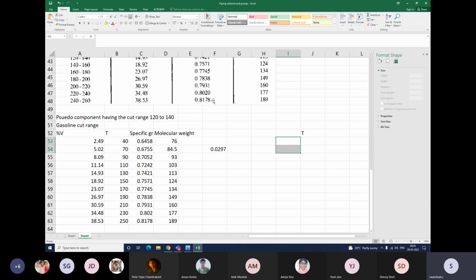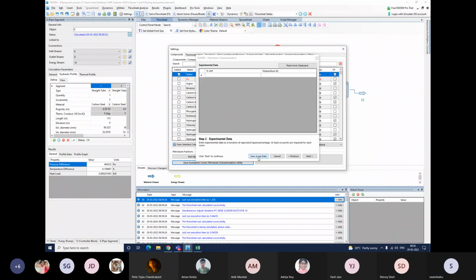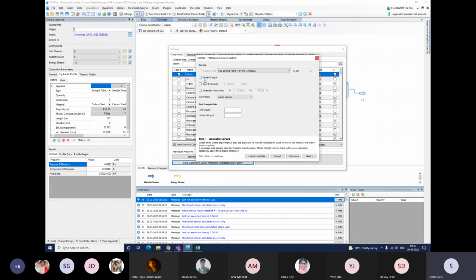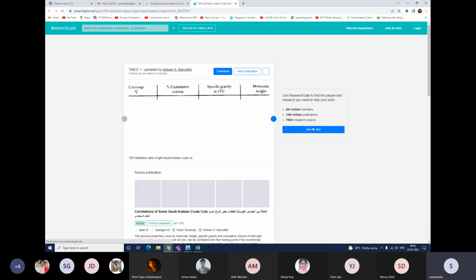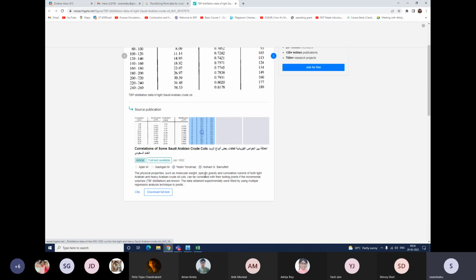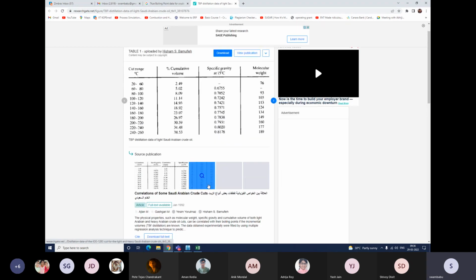Yes. So now I can go to DW, same as before, with molecular weight and specific gravity. I know only these two. I need the API gravity of this. This is the Saudi Arabian crude cuts.